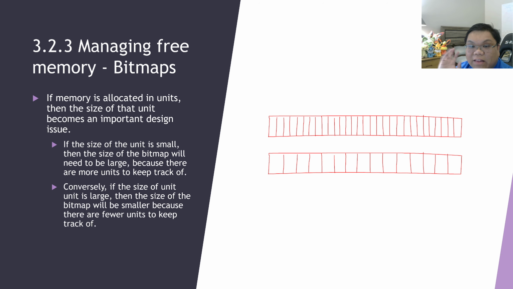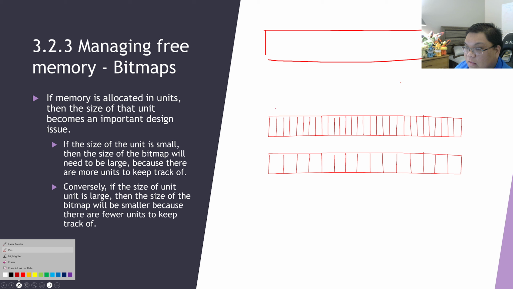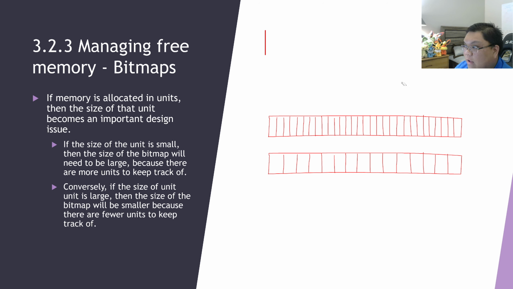What's not mentioned in this book at all is the concept of internal fragmentation. So let's say we have a process that requires 5 kilobytes of memory.